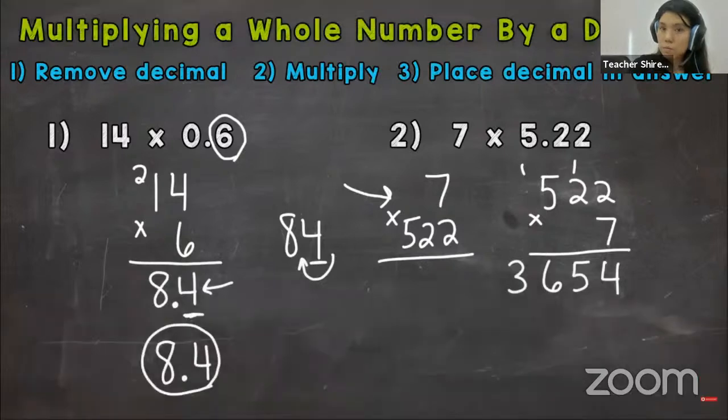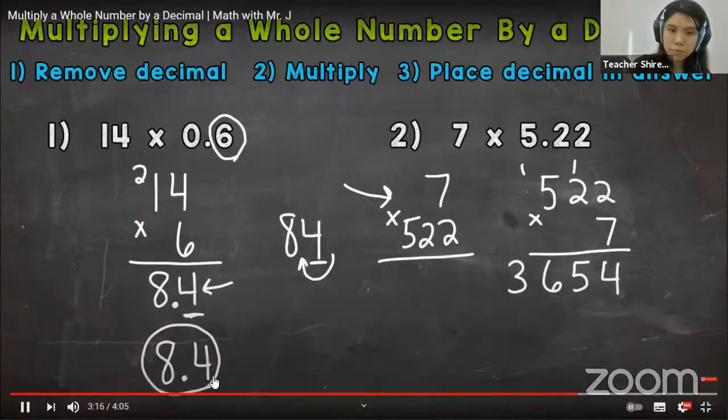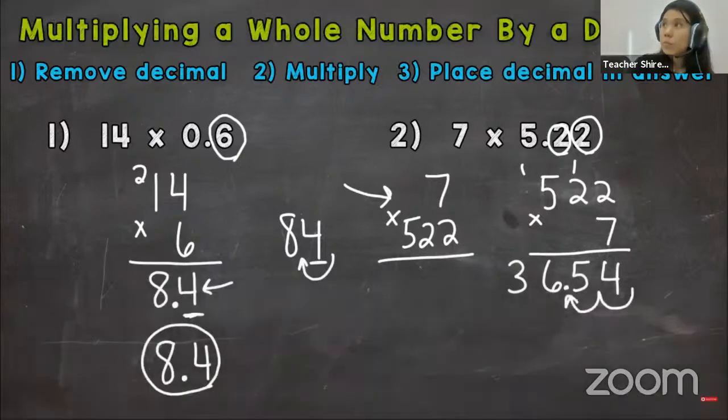We need to place the decimal. Let's look at our original problem and see how many digits are to the right of a decimal. We have 1, 2. That means our answer needs to have 2. We can think of it like this: bring it in 1, 2. That will give us 2 digits behind the decimal.